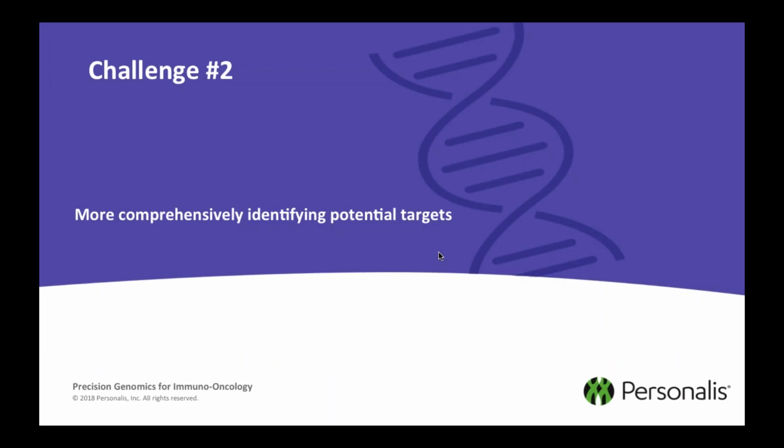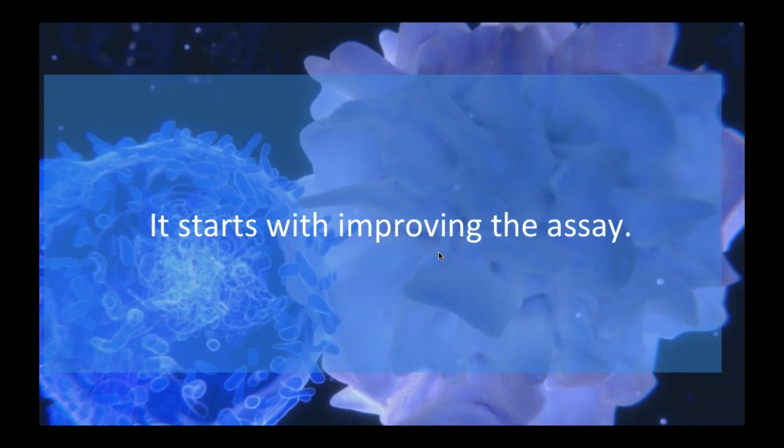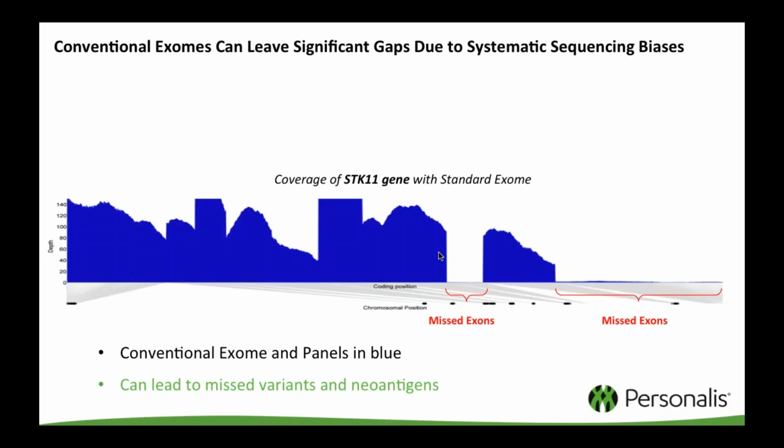And so now that you've optimized and prepared the nucleic acids from the tumor specimen, another challenge is to be able to comprehensively and accurately identify the potential targets present in those tumor biopsies. And this really begins with improving the assay used in the process. For biomarker discovery, broad, high-content assays such as whole exome and whole transcriptome sequencing are being used.